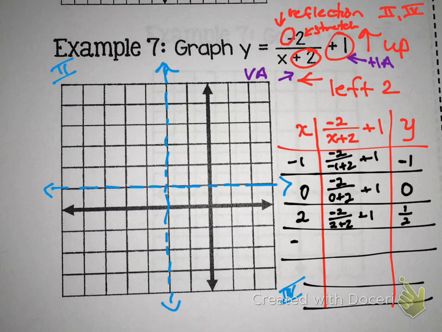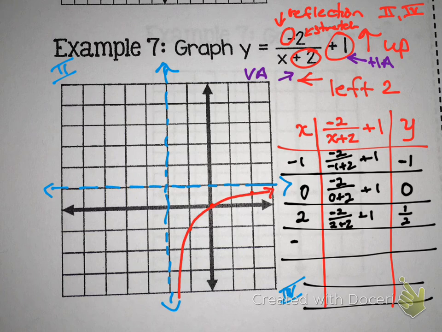I have negative 1 and negative 1, so here, and 0, 0 is here, and 2 and 1/2 would be about here. And so I'm assuming that my shape, if it goes like all the others do, is going to look like this.